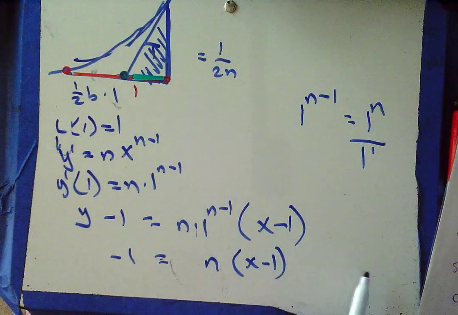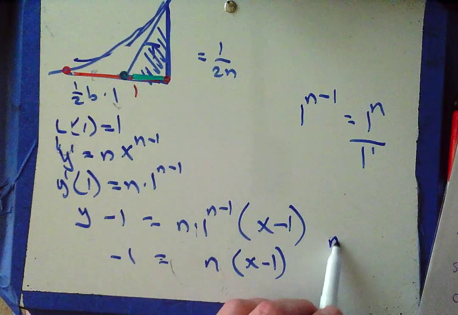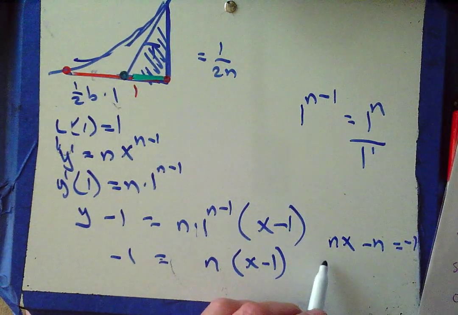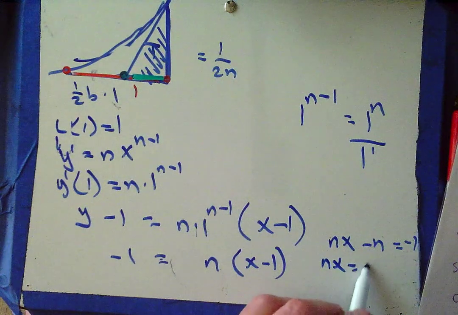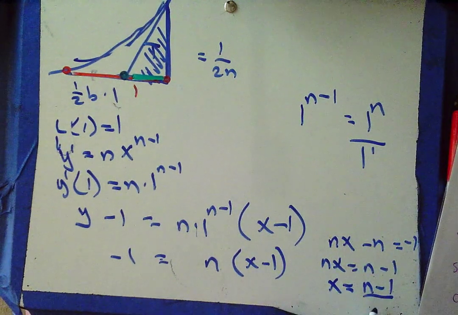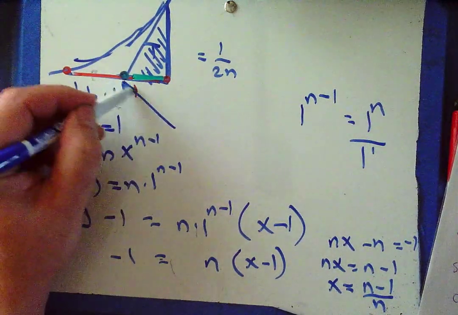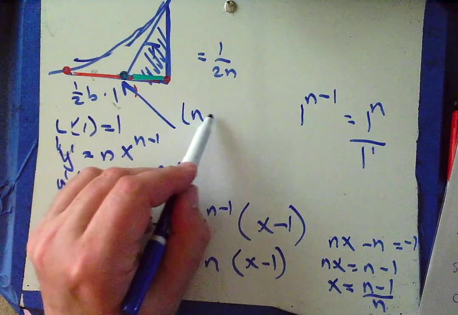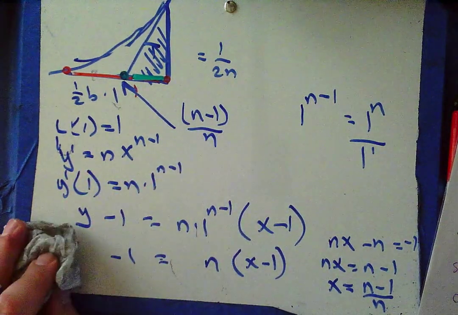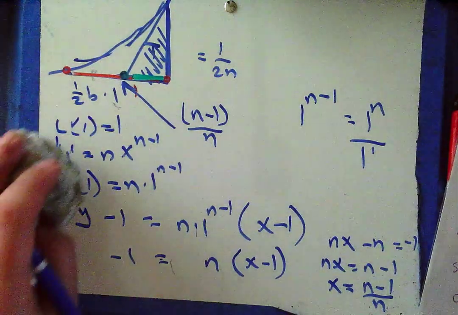And I get nx minus n equals -1, nx equals n minus 1, x equals n minus 1 over n. Aha, I have an x value now. This x value is n minus 1 over n. Okay, so let's see what we can do then.